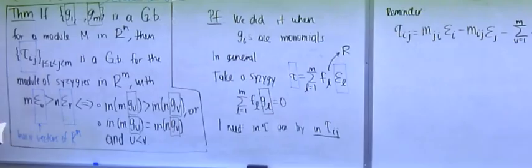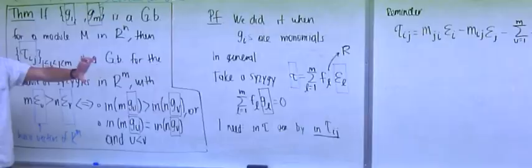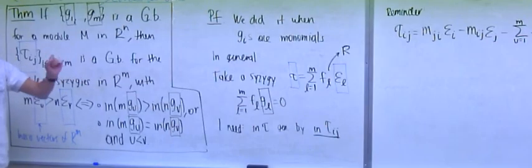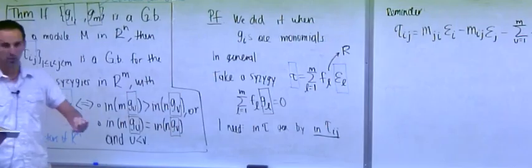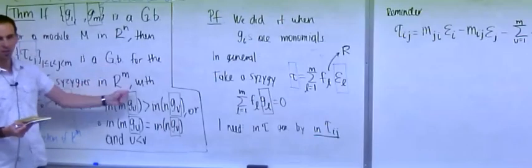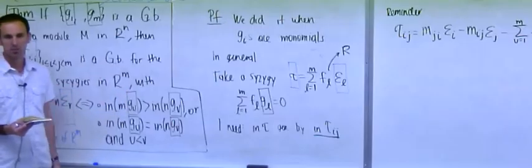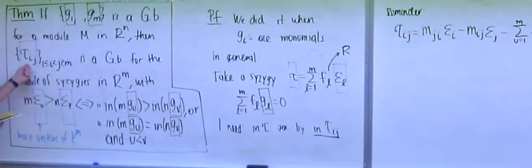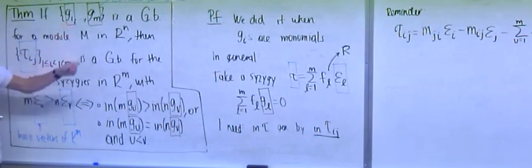Actually, simply what it is that for each g_i, I define an epsilon_i. And so really, what I'm saying is g_1 through g_m are some vectors of polynomials. And for each one of them, I'm just going to define a basis vector, epsilon_1, epsilon_2, up to epsilon_m. And those basis vectors are going to span this space R^m. So that's the relationship. So you can think of each epsilon_i as a kind of formal placeholder for the polynomial, for the vector g_i.